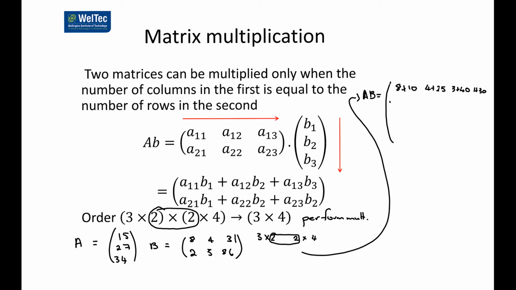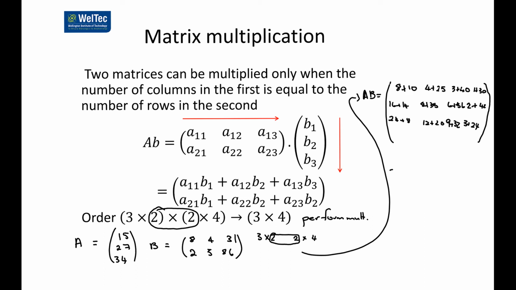It'll be 56, 2 plus 42, 24 plus 8, 12 plus 20, 9 plus 32, and 3 plus 24.